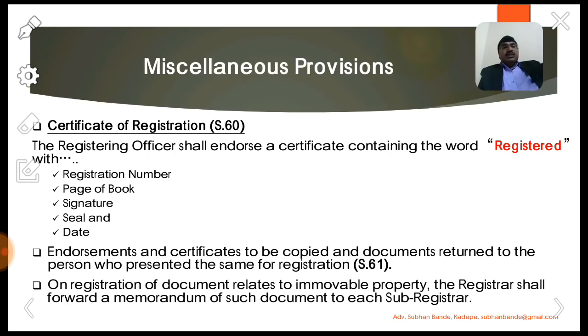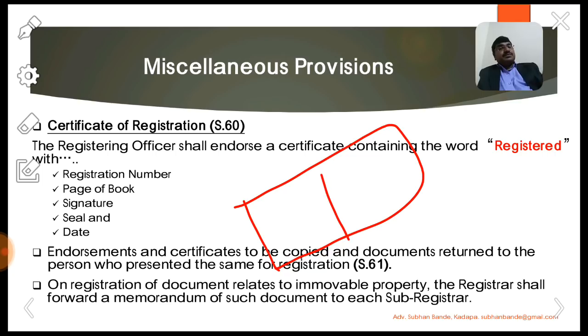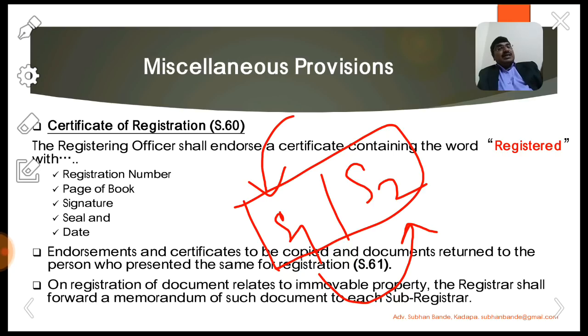We have discussed in the previous slides that if certain property is located in two districts or in two sub districts, and the party registered his property in sub district 1, then such sub registrar sends a copy of such registration to the other sub district in which a certain portion of such property is situated.